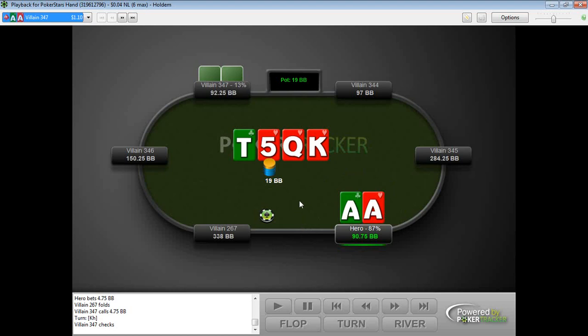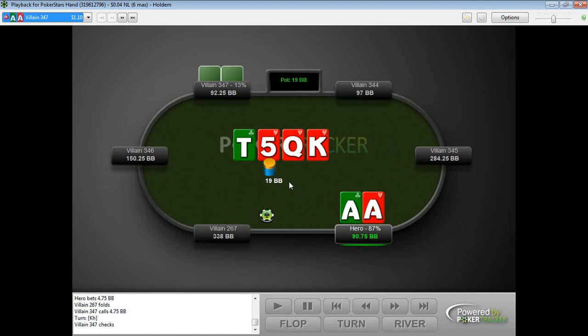Now, I could do a couple of things here. I am drawing to the nut flush draw, which gives me an opportunity to possibly overbet here. Maybe throw out a 30 big blind bet. I can do that, definitely.